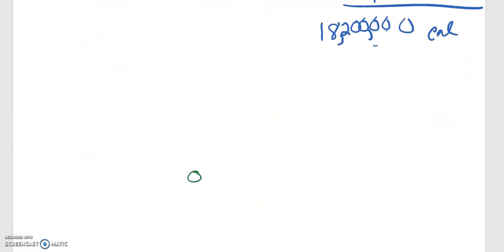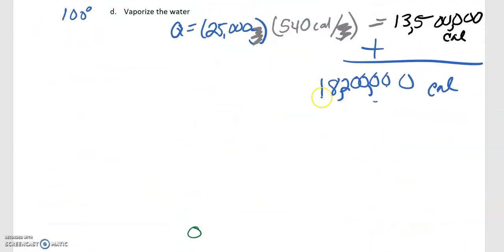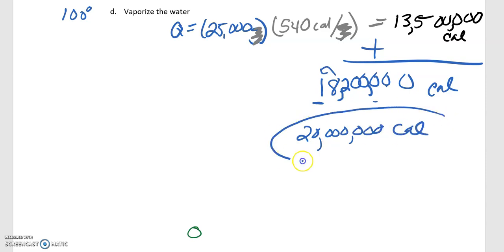So I only get one significant figure, it looks like. So I would actually want to round this to one significant figure. The 8 would bump it up. So if we're going with significant figures, I would need 20 million calories.